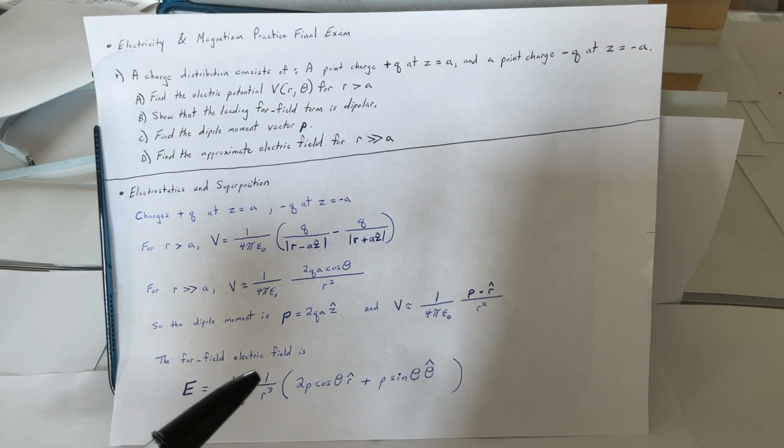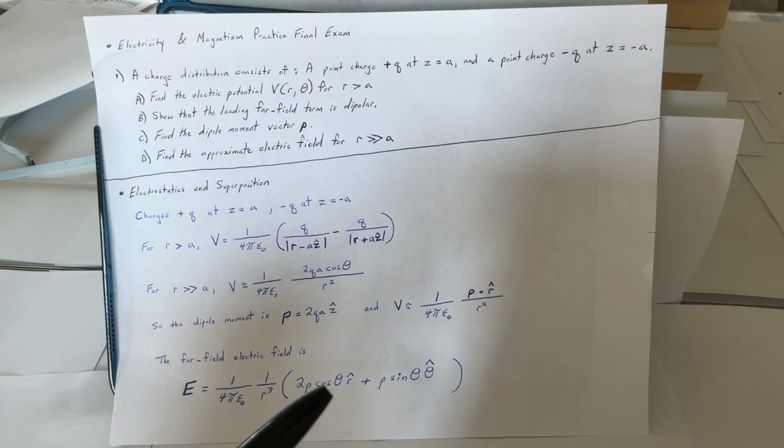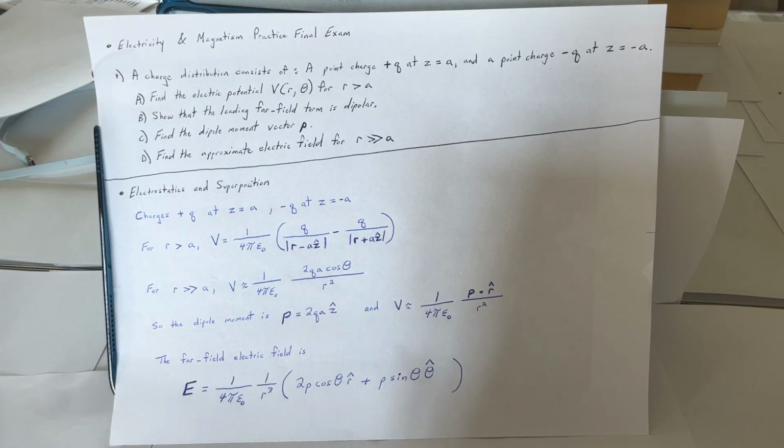And the far-field electric field is going to be E equals 1 over 4 pi epsilon naught times 1 over r cubed times the quantity 2p cosine theta r-hat plus p sine theta theta-hat. Okay, so that is number one.